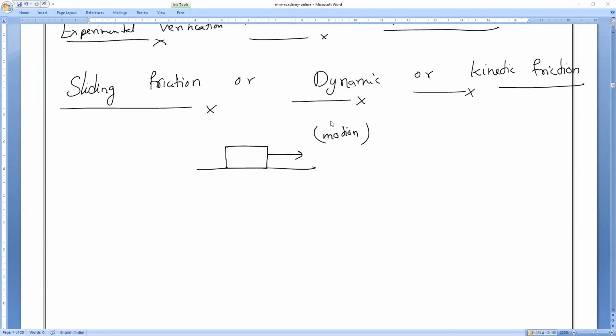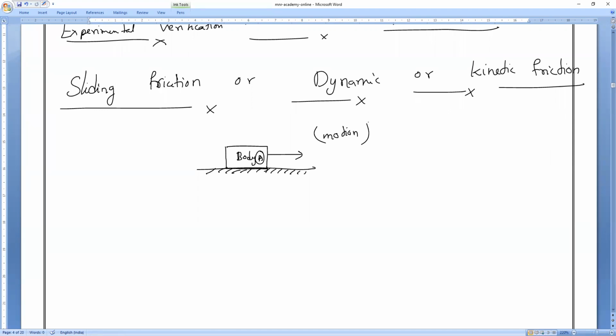So when a body slides over a surface, let me take some body. This is the body A, for example. This body is already sliding over the surface. This is the surface. Then the friction developed between the sliding body and the surface on which it is sliding is known as sliding friction or kinetic friction or dynamic friction.